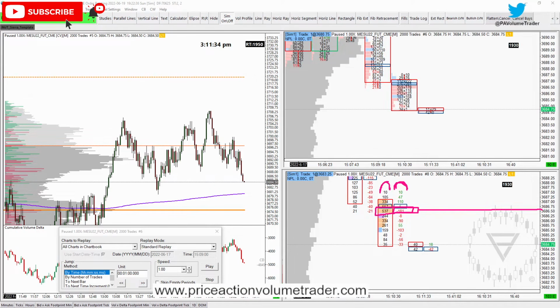That means the sellers won by a volume of 181 at this price level. We take the buyers minus the sellers, and we had a lot more sellers than buyers right here, and so on for every level.